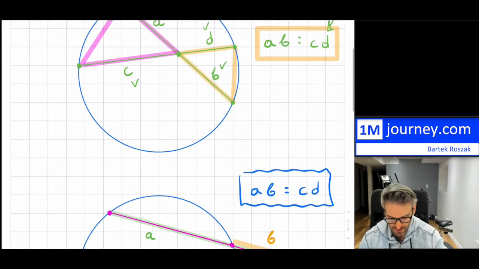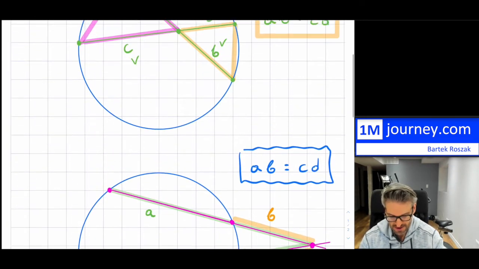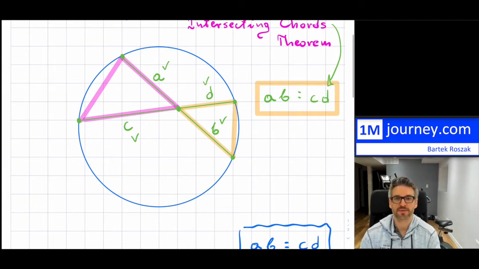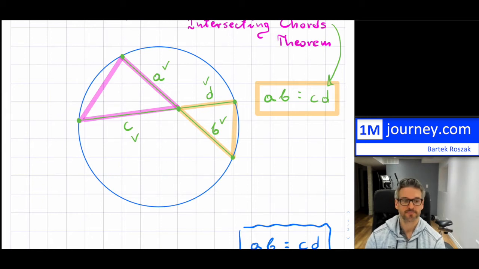Now, you might say, why in the world would I need this? Well, there are actually some applications which are pretty neat. If you continue on, I do a test for this particular chapter. You can go to the playlist and you'll find the test on line segments, triangles, circles.